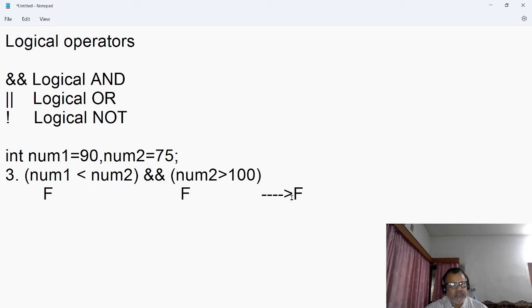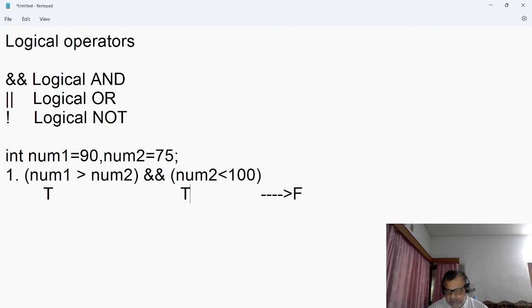Now I want to see the logical OR operator. I want to take the same example. I want to change the symbol to less than here. For num1, as you know that it is true, and here it is again true.